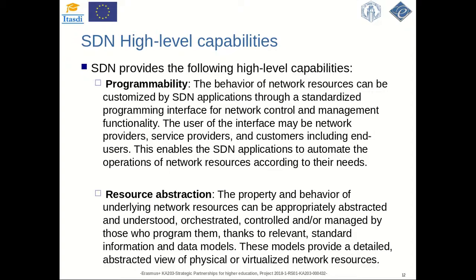Furthermore, we have resource abstraction, as we mentioned previously. It is a property and behavior of underlying network resources that can be appropriately abstracted and understood, orchestrated, controlled and managed by a third party or the controllers which go above the network infrastructure.